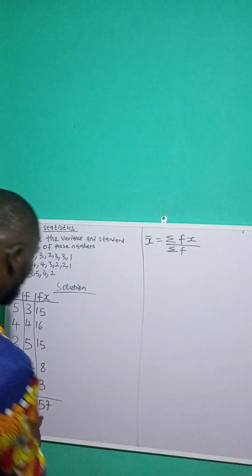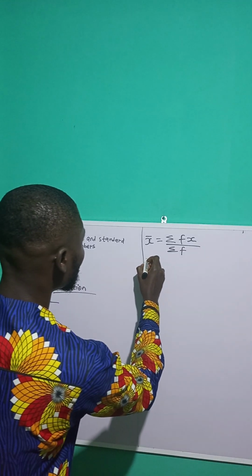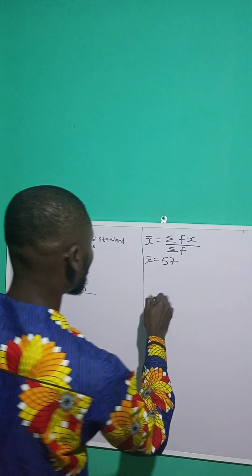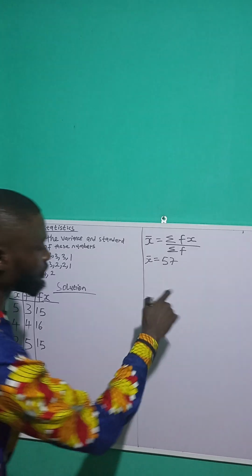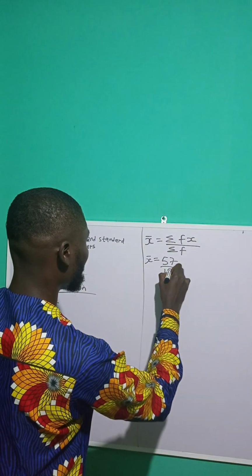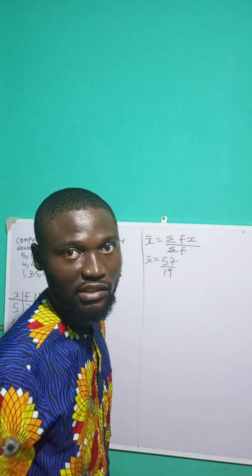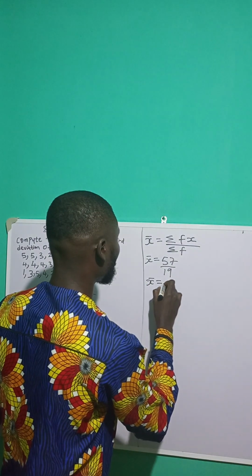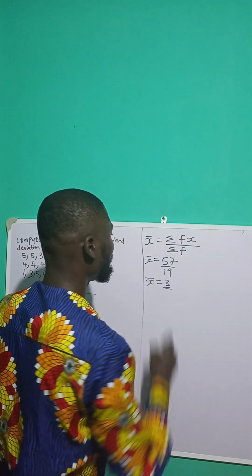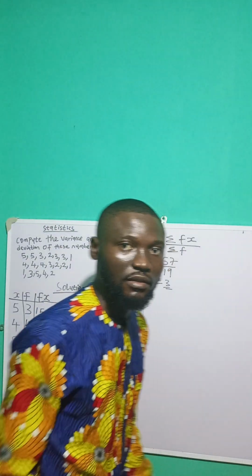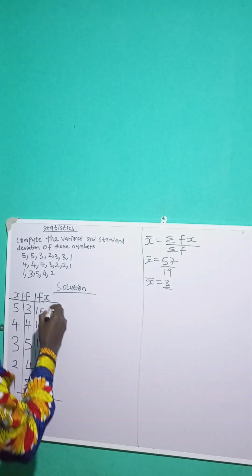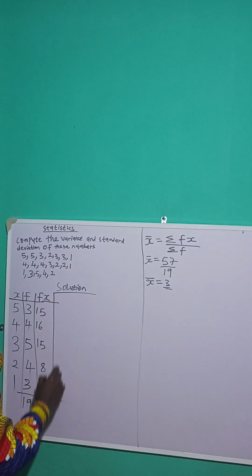And the sum of fx is 57. So mean x bar is equal to 57 over 19. So 57 divided by 19 gives us 3. So x bar is 3. So our mean here is 3. So I will be working with 3. 3 is our mean.